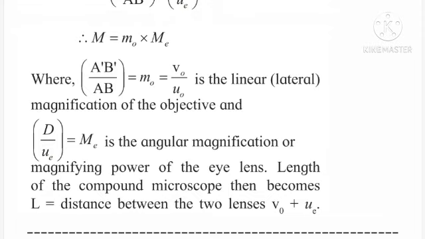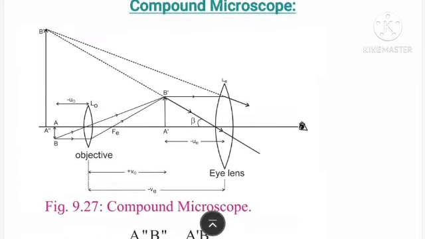The suffix O is used for the objective and E for the eye lens, and the product is the magnifying power of the compound microscope. Here capital L is the distance between the two lenses, VO plus UE, where VO is the image distance from the objective, and UE is the object distance for the eye lens.